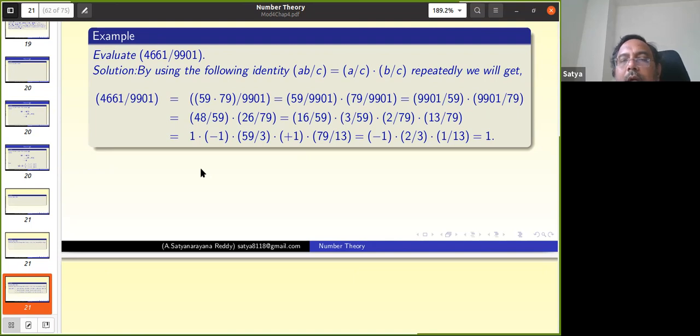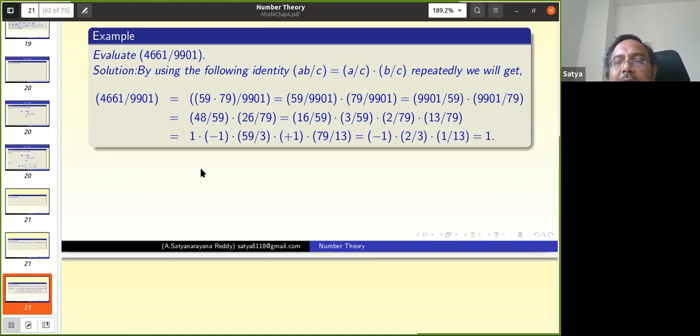Now we'll do modulo, then 48 by 59, 26 by 79, right? Why did I take 16 here? 48 equals 16 into 3, which is separated, but 16 anyhow becomes 1, being 4 square. So we only have 3 by 59 and 2 by 79 and 13 by 79, these three left.